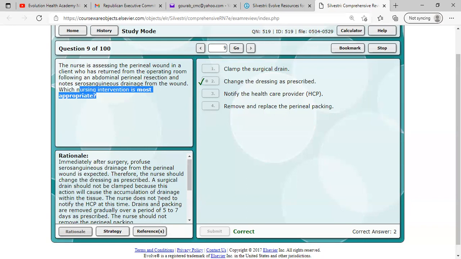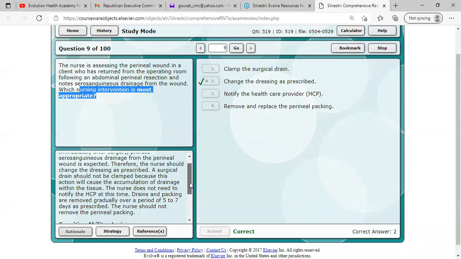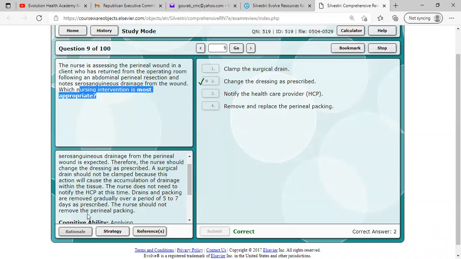The nurse does not need to notify the healthcare provider at this time. Drains and packing are removed gradually over 5 to 7 days as prescribed. And the nurse should not remove the perineal packing.